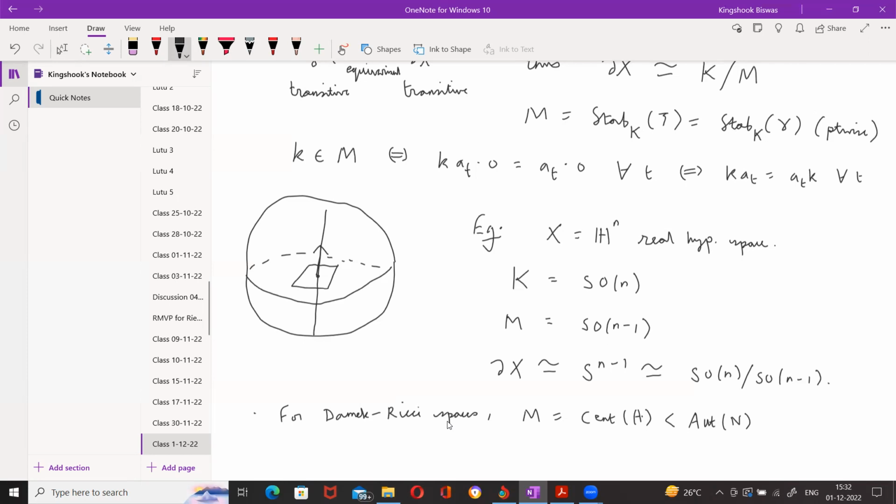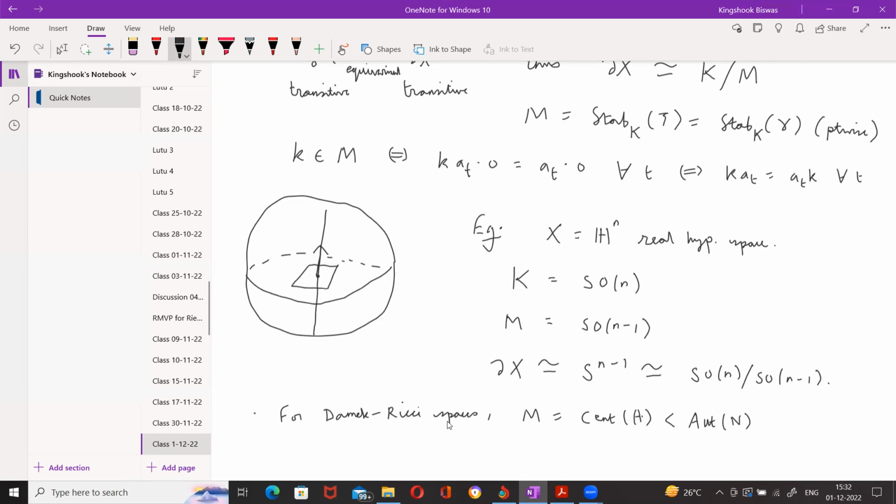That identifies K with a subgroup of SO(n), and M will fix this geodesic. So it's going to fix a unit vector. Therefore, M becomes automorphisms of the orthogonal complement. So M is identified with a subgroup of SO(n-1).